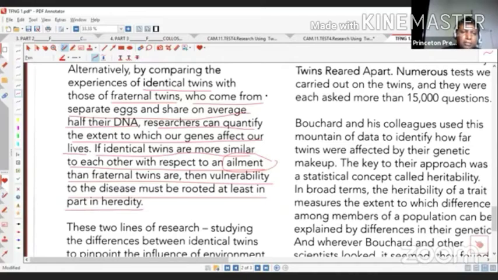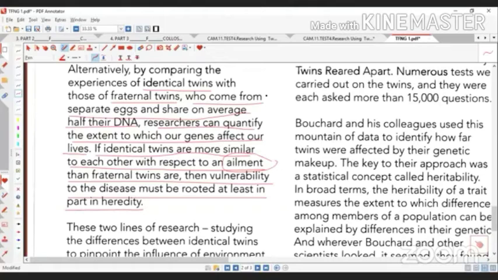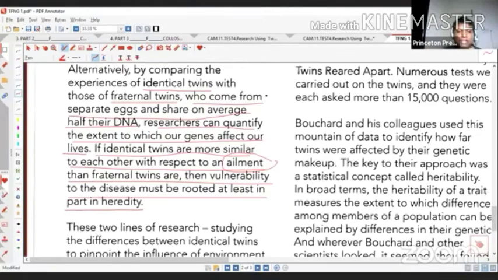Alternately, by comparing experience of identical twins with those of fraternal twins, those who come from separate eggs and share on average half their DNA, researchers can quantify the extent to which our genes affect us. If identical twins are more similar to each other with respect to ailment than fraternal twins are, then vulnerability to the disease must be rooted at least in part in heredity.